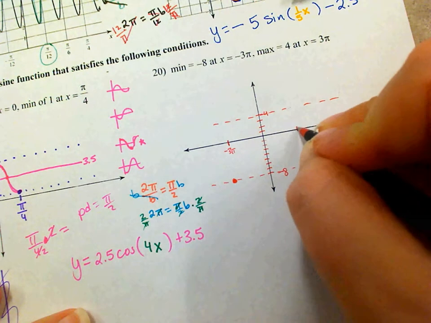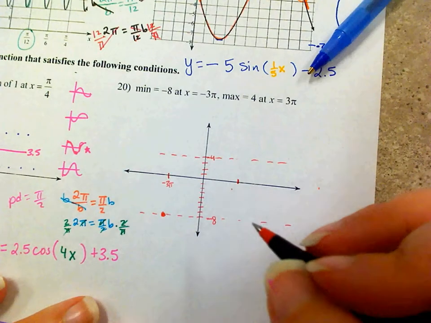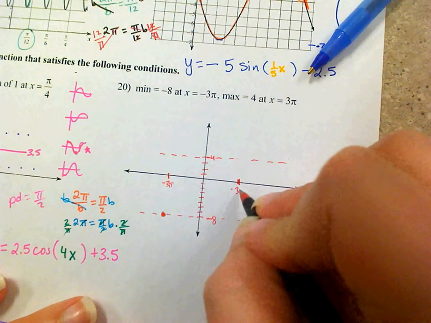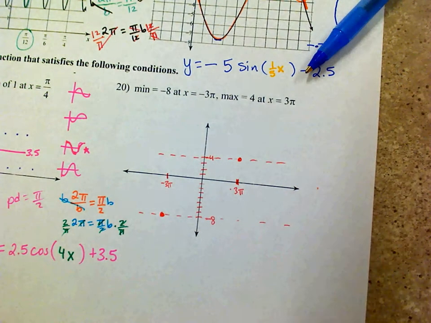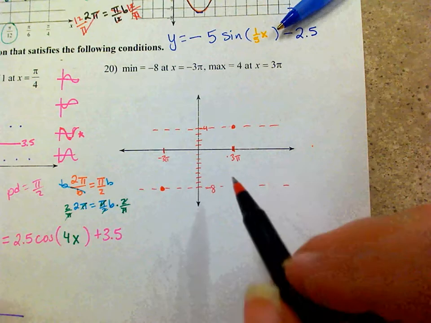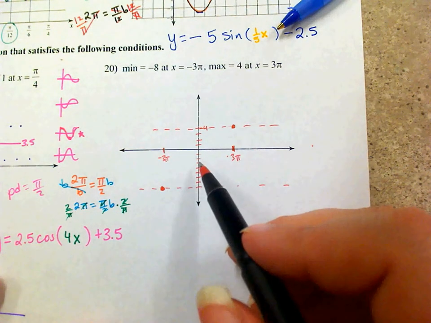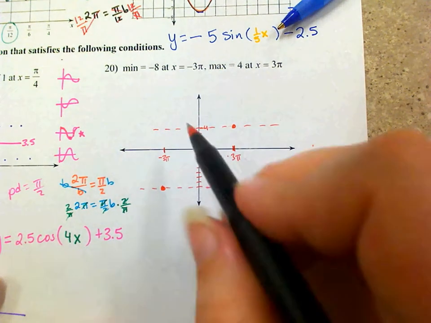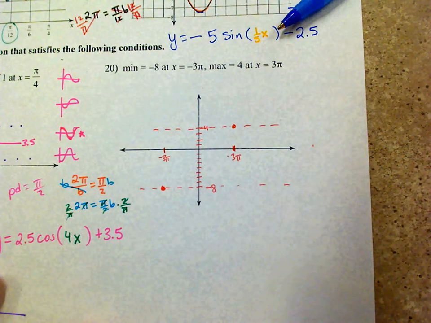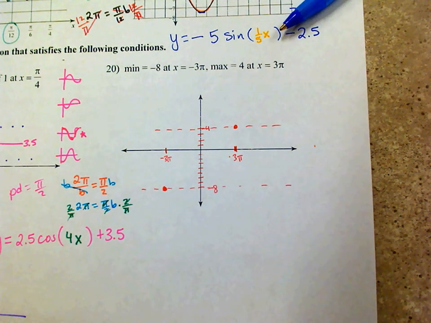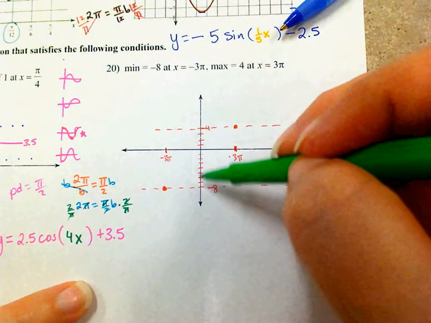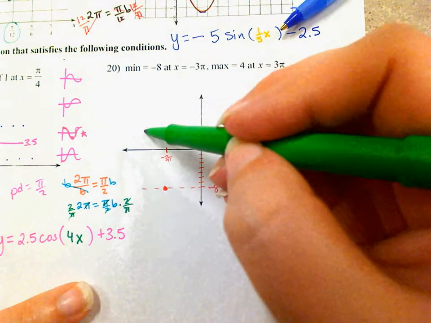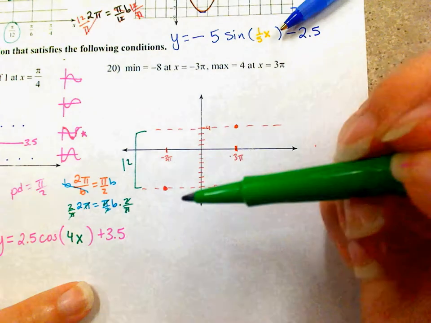What I know is that my max doesn't occur at the y-axis, not unless I drew a bunch of waves in here, but that's not the goal. The goal is always to graph the easiest way to get between these. The distance between 4 and negative 8 is 12, and half of that is 6. So if I go down 6, 1, 2, 3, 4, 5, 6, I get to negative 2, which means my midline is at negative 2.